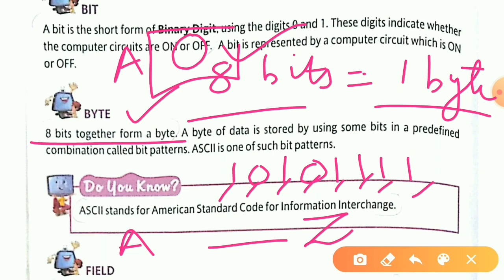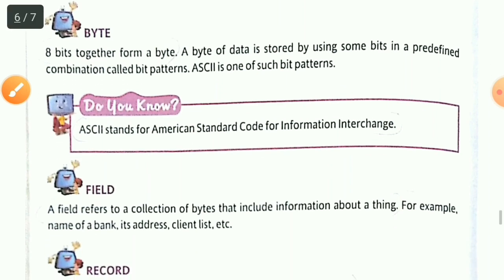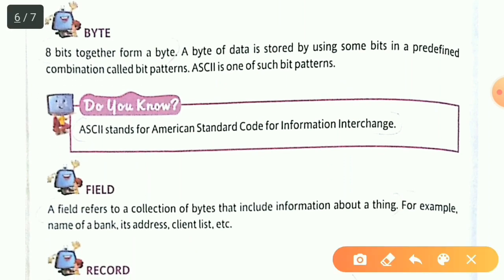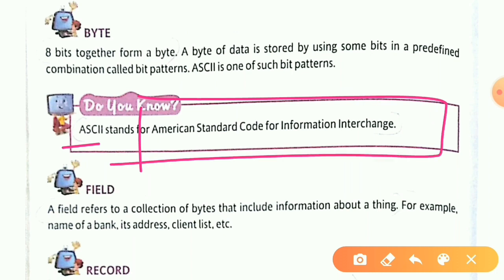Okay, ASCII is one of such bit patterns. ASCII is basically a certain code, individual for every character that we speak out. Now see, here we have the expanded form of ASCII. It is also very important. Please make a note that ASCII stands for American Standard Code for Information Interchange.